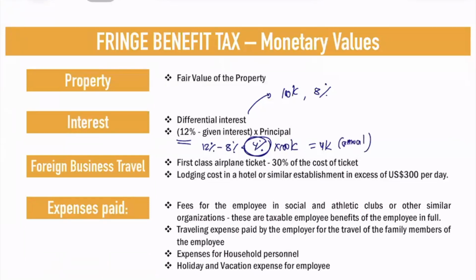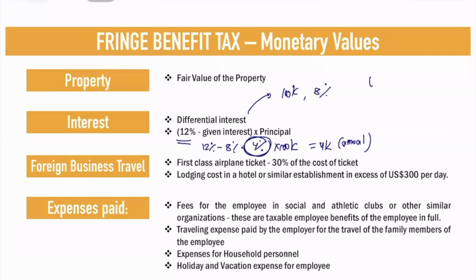Also, if ever the fringe benefit given is not in the nature of an interest, but let's say in the nature of life and health insurance in excess of what the law allows. So normally, there is already an amount which is considered mandated. That's why we have those mandatory contributions. But what if you give life and health insurance to your employee in excess of what the law allows? Whatever is in excess is also considered a fringe benefit.